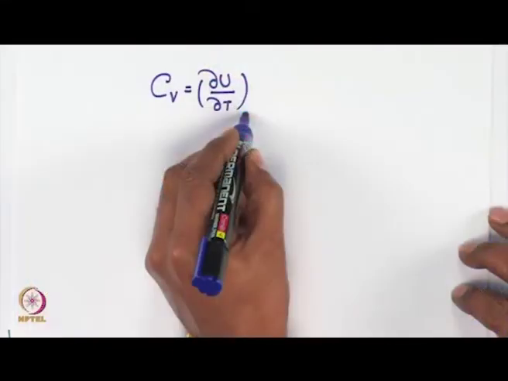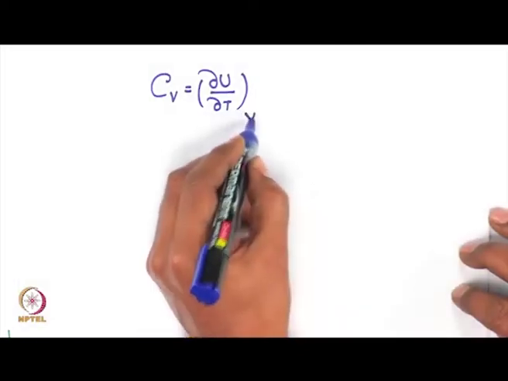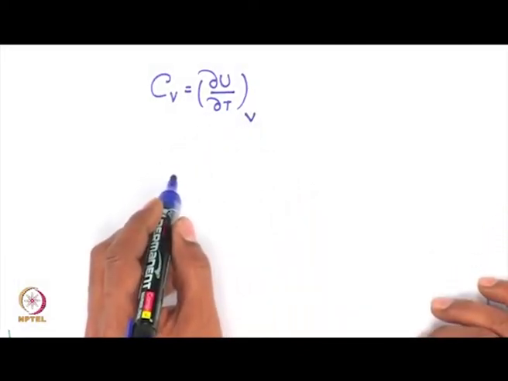Now, as we discussed in the previous lecture, CV is equal to dou U by dou T at constant volume. It is always true for a perfect gas.